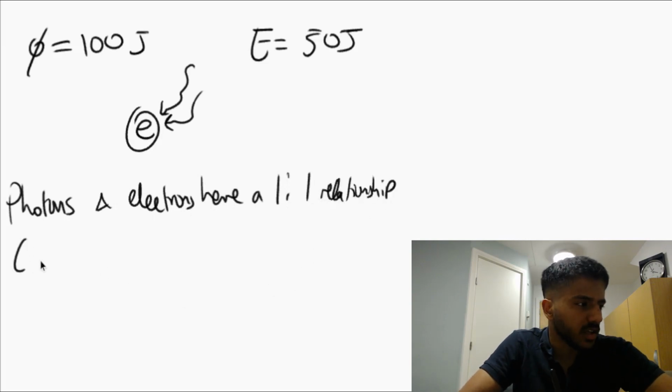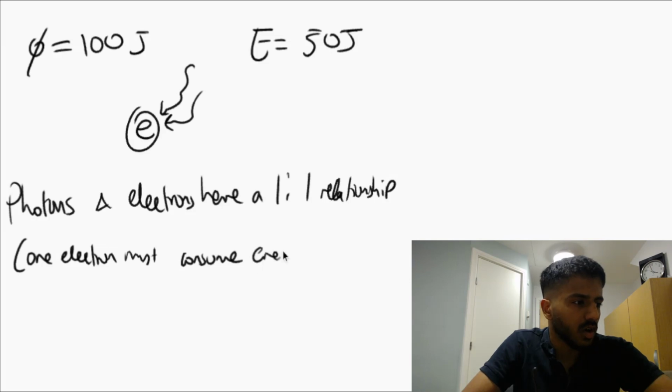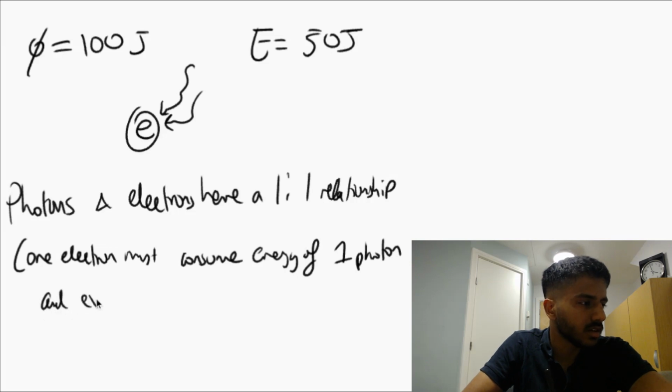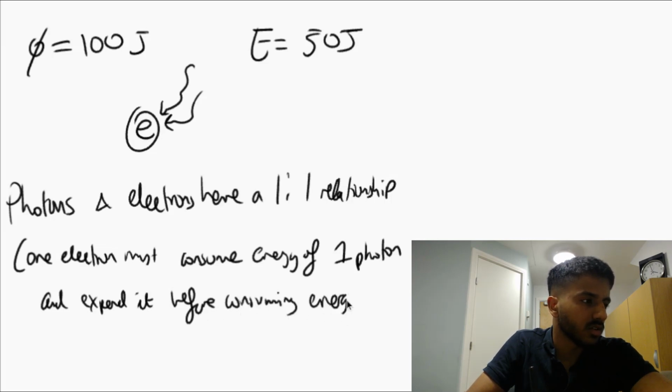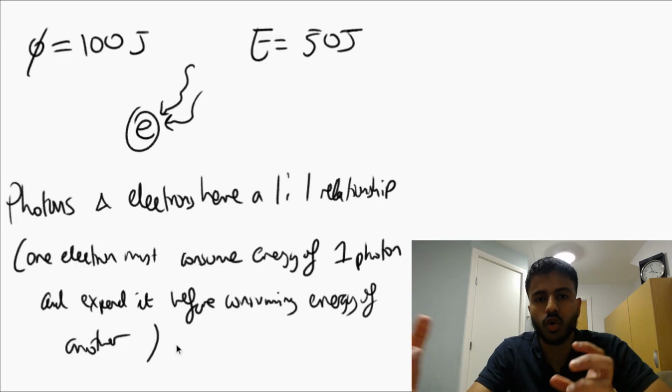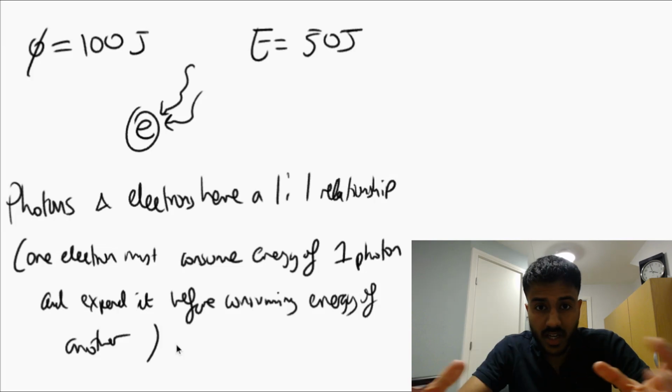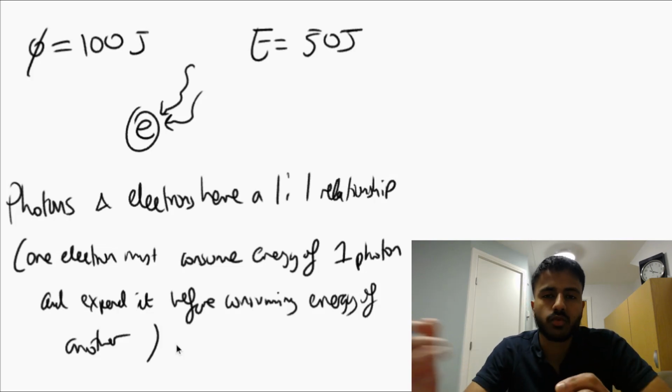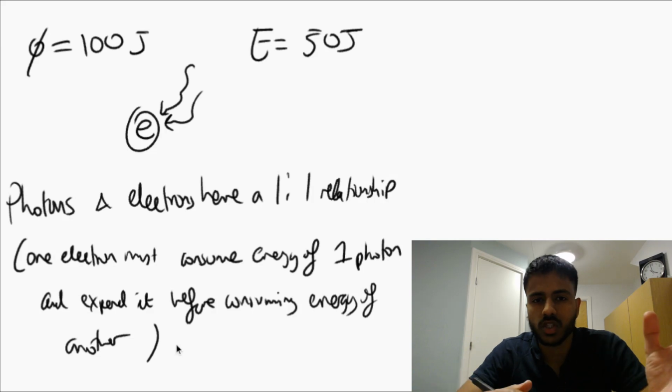And what that means is one electron must consume the energy of one photon and expend it before consuming the energy of another. So what that means is the electron has to absorb the energy of one photon, try and get out, realize it can't, and then absorb another. It cannot just accumulate lots of energies from all different photons. It doesn't work like that.